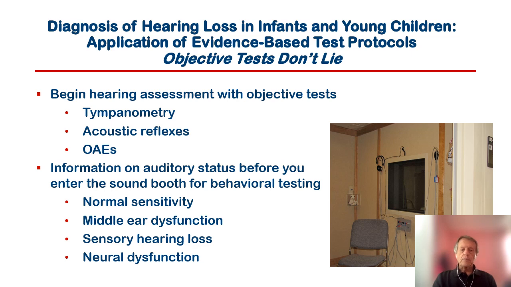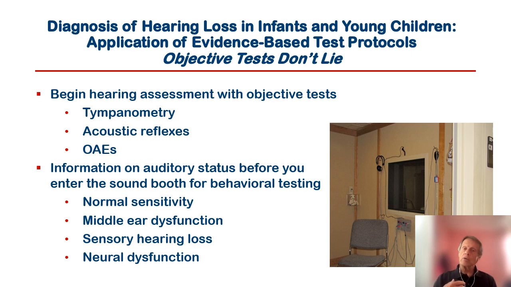Now, if you begin your assessment, whether it's an adult or child, with objective tests, it's a much more efficient way of evaluating hearing. And I mentioned this in my first lecture on promoting healthy hearing. If you begin your assessment with tympanometry and acoustic reflexes and OAEs, by the time you walk into that sound booth, you should have a very good idea, a very good suspicion of what you will be finding on behavioral tests.